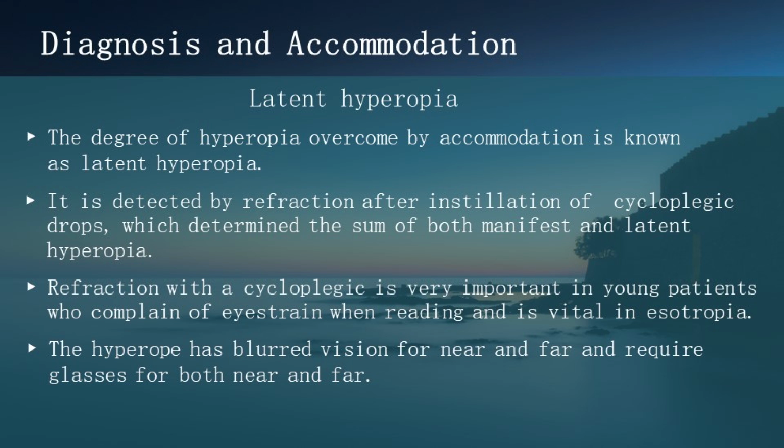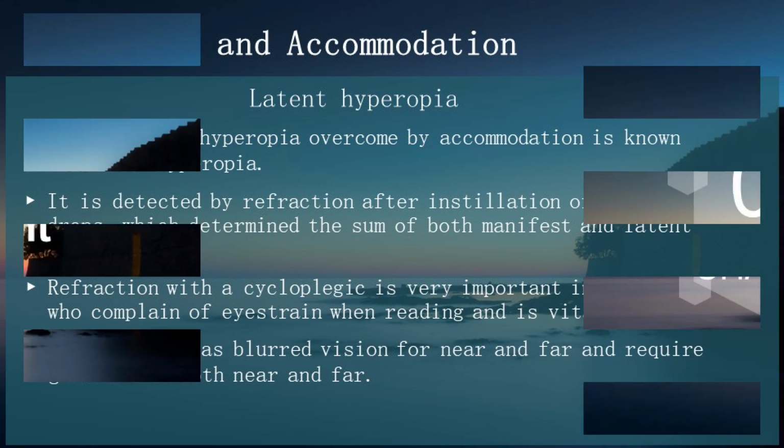Refraction with cycloplegia is very important in young patients who complain of eye strain when reading and in strabismus. The hyperopic patient has blurred vision for near and far and requires glasses for both near and far.